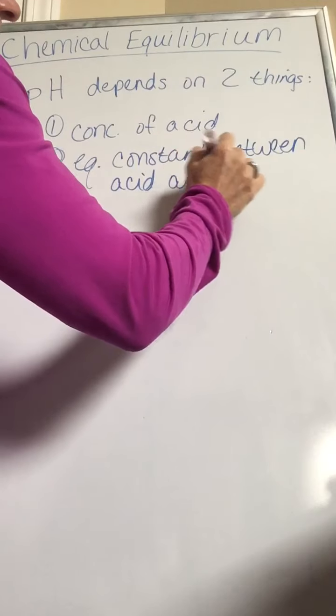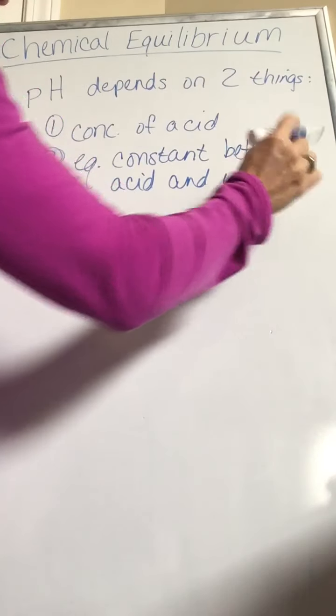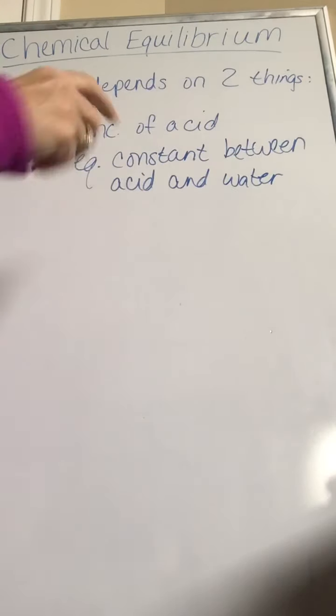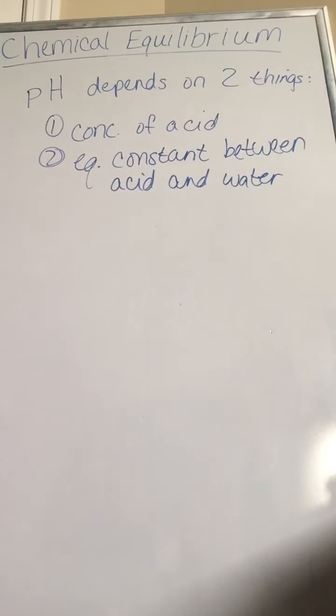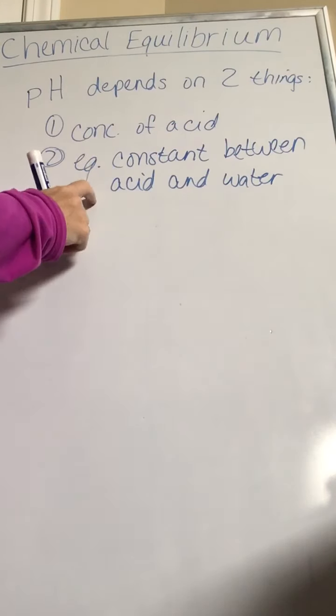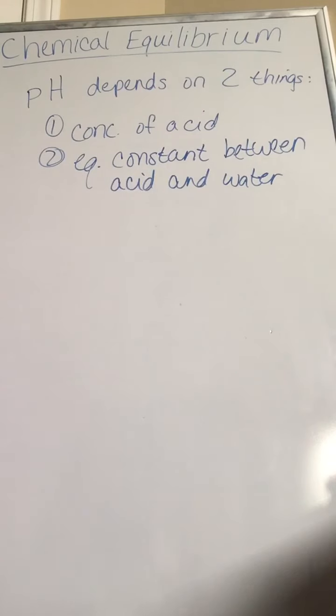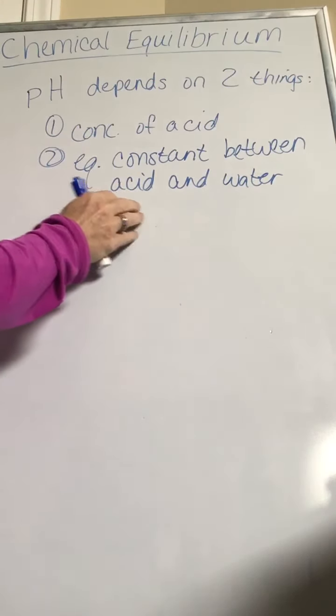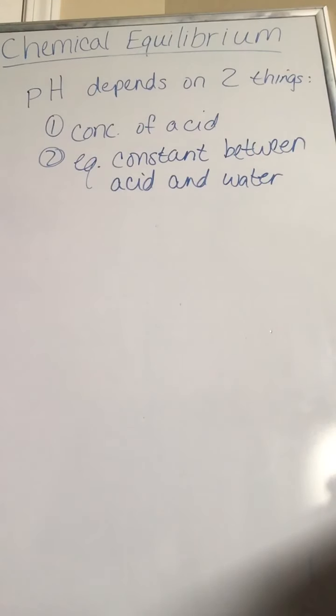Those determine the pH. So how much of the acid is in the solution, and then the equilibrium constant between the acid and the water. How fast does the acid react with the water? Those are the two things that the pH depends on.